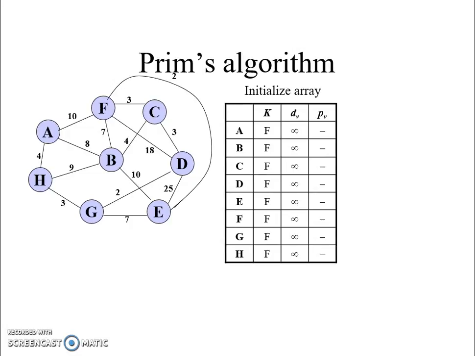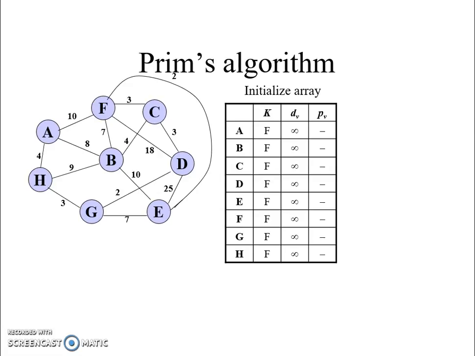Consider a graph having 8 vertices. Initially, we have an array having 3 columns, in which column K represents whether the node is visited or not, dv represents the distance of each edge for that particular node, and pv represents the node from which the distance is calculated.